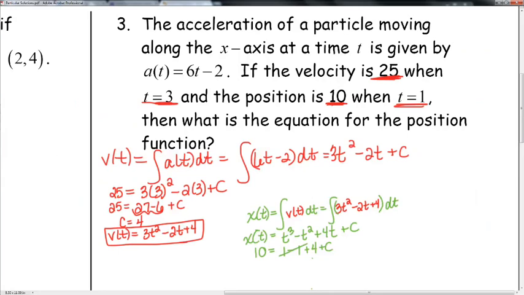These guys are going to cancel, so I'm going to get c is equal to 6. And so my final x of t is going to be t to the third minus t squared plus 4t plus 6. And that is my final position function.